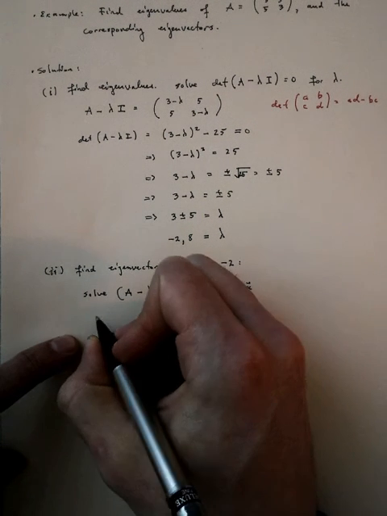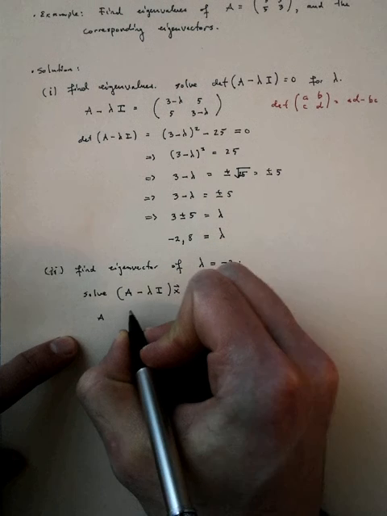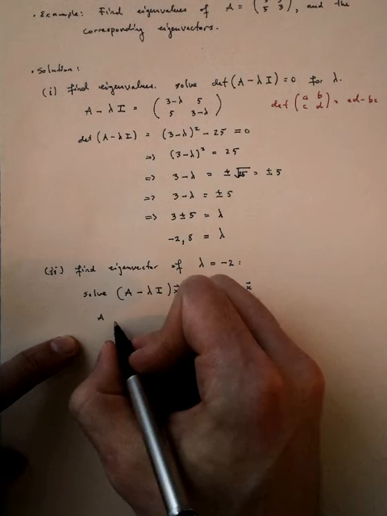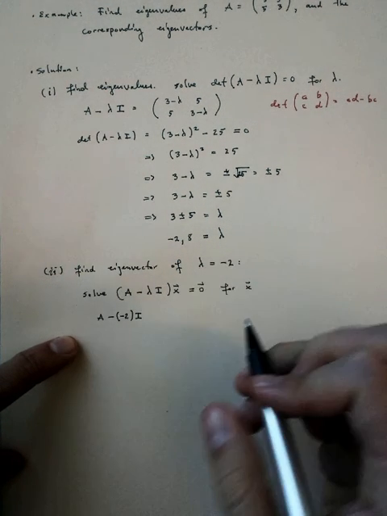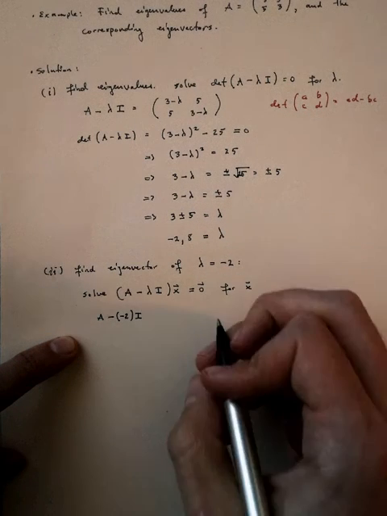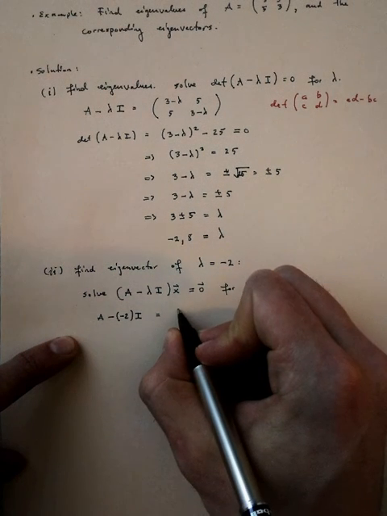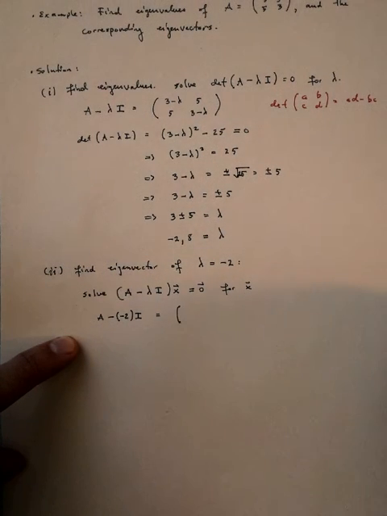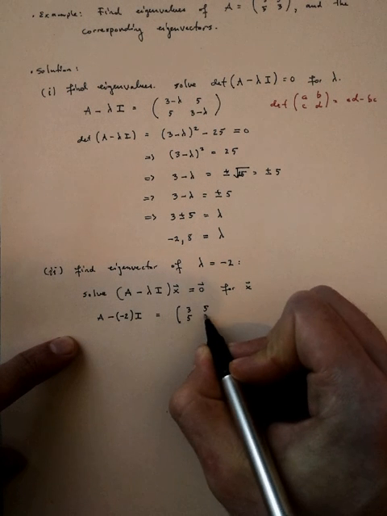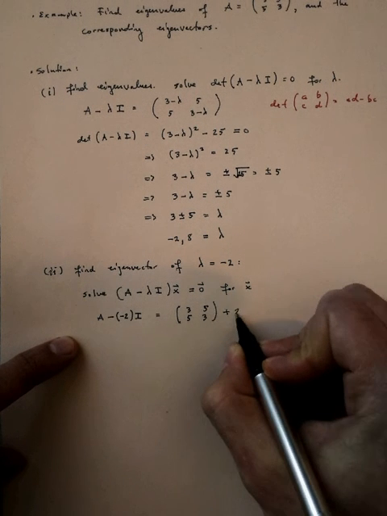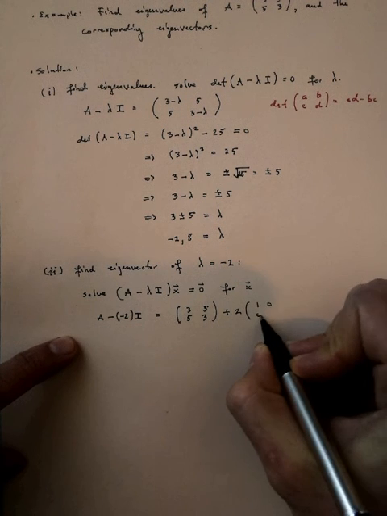Okay. So what is A? Okay, minus lambda times the identity is going to be plus 2 times the identity. So this is equal to A, which is 3, 5, 5, 3, plus 2 times the identity 1, 0, 0, 1.